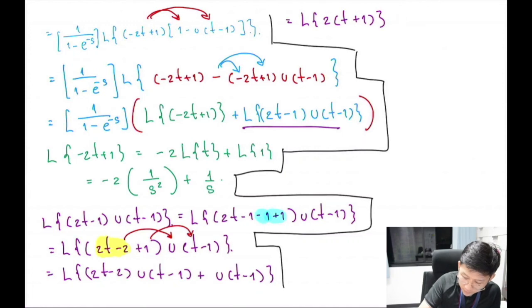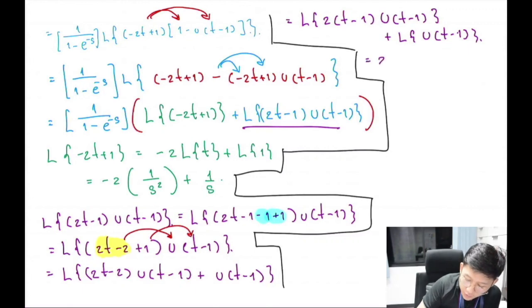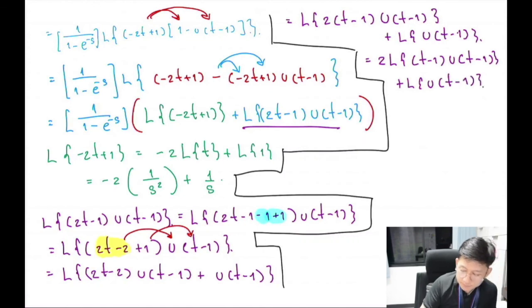plus u, 2t minus 1 u(t minus 1), plus Laplace transform of u(t minus 1). Okay, makes sense? And that is 2 Laplace transform of t minus 1 u(t minus 1) plus Laplace transform of u(t minus 1).